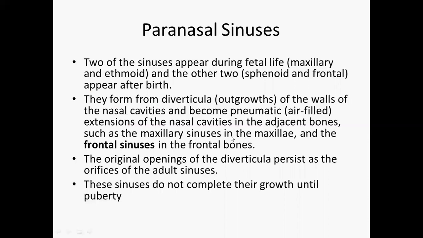So the maxillary sinuses will develop in the maxillary bone, frontal sinuses in the frontal bone, the sphenoidal in the sphenoidal bone, and ethmoid in the ethmoid bone. The original openings of these diverticula will persist as orifices of the adult sinuses, and the sinuses complete their growth only by puberty.